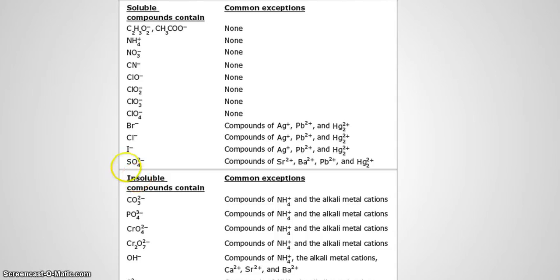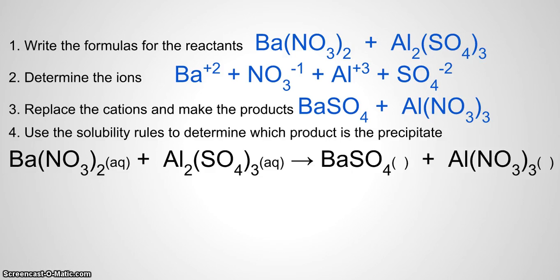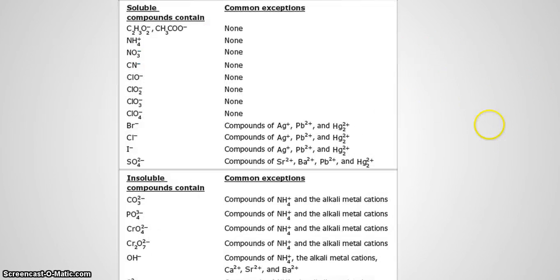So barium bonded to sulfate now becomes insoluble. So if we come back over here, we know that this barium sulfate will be our precipitate. Now let's look at the other one, aluminum nitrate. This says nitrates are soluble, there are no exceptions. So anything with nitrate will be aqueous.